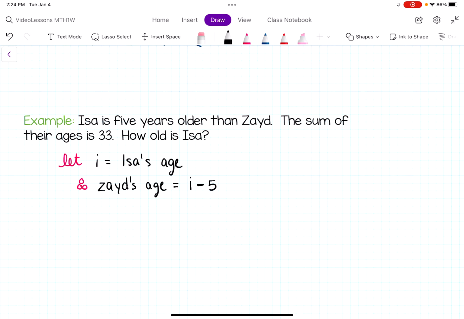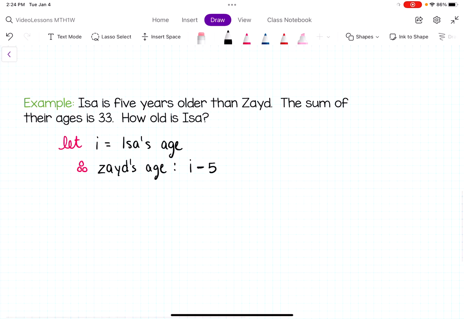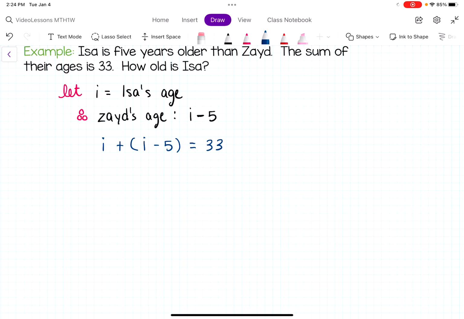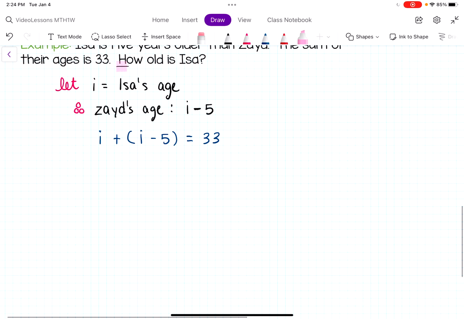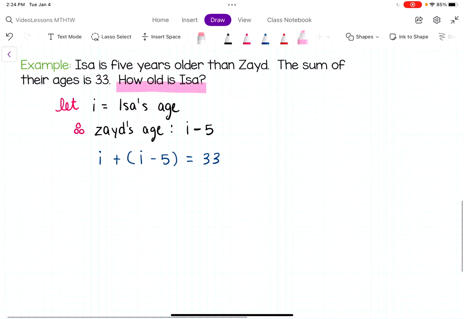Okay, so Zaid's age is i minus 5. And they have said that the sum of their ages, so when I add them up, so if I take Isa and then I add Zaid, I'm going to get 33. And now I am to simplify this, because this time the question is asking to solve, right? It's saying how old is Isa?